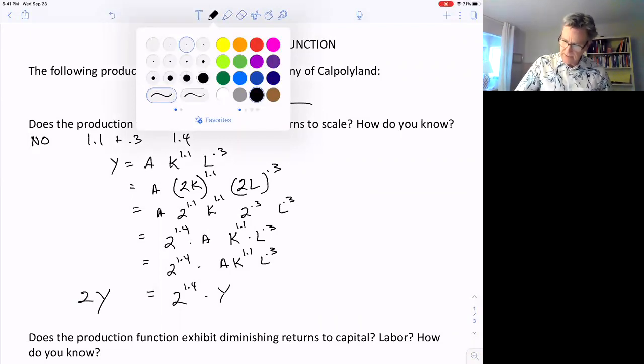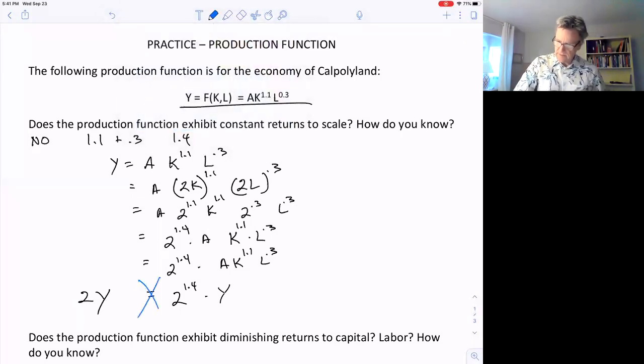So we don't have constant returns to scale.